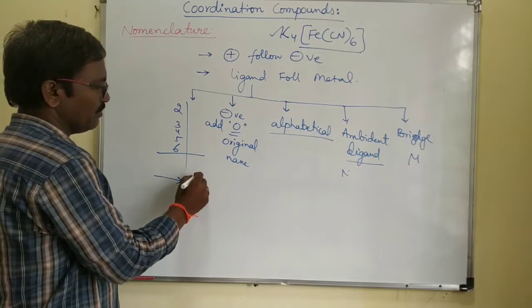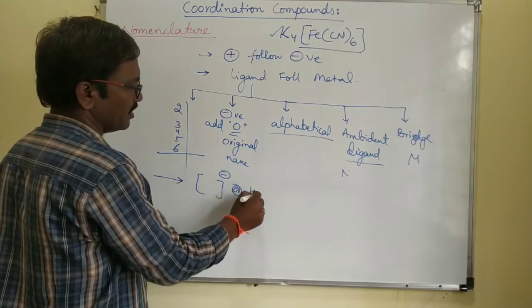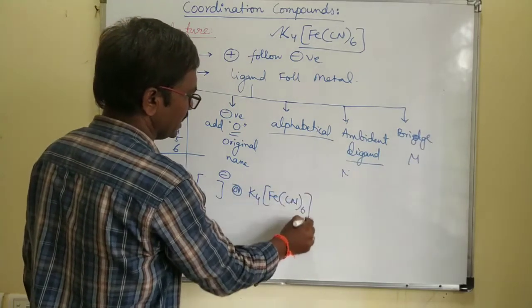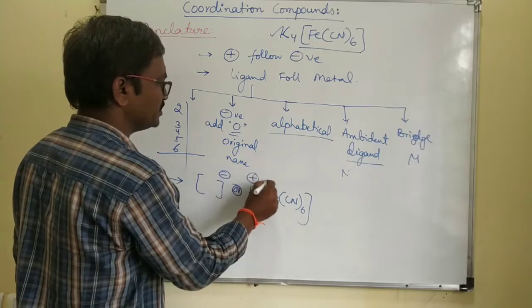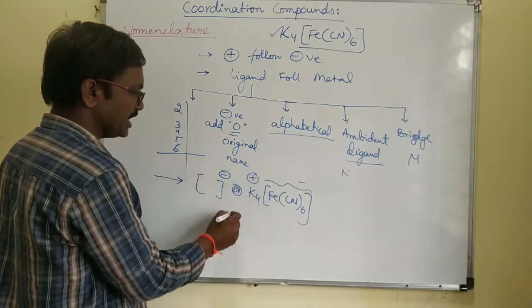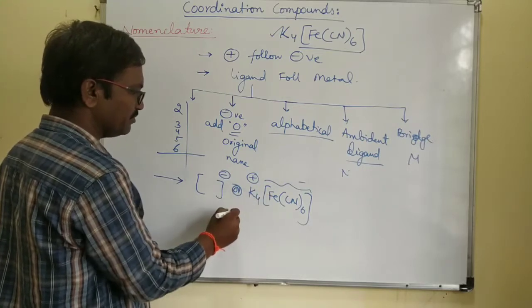If the complex is negative, like this, where the cation is positive and the complex is negative, then the suffix ate should be added to the metal atom.